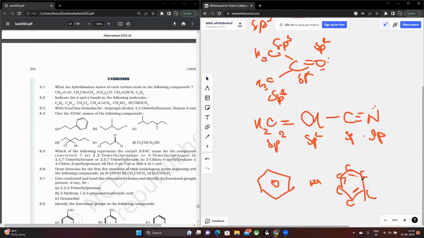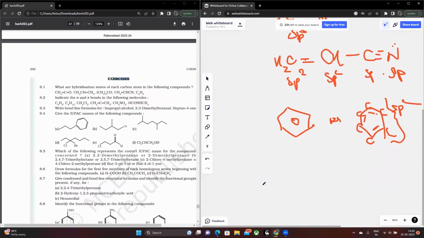And since every carbon has one pi bond, you can count it: this carbon has 1 pi bond, this carbon has 1, this one, this one, this one, and this one. Since every carbon has 1 pi bond, every carbon has sp2 hybridization. There's no exception here. That's the specialty of benzene.